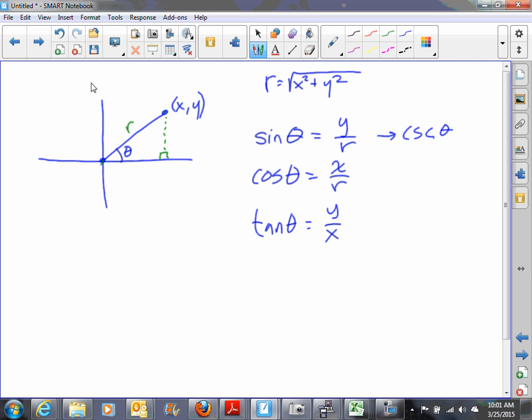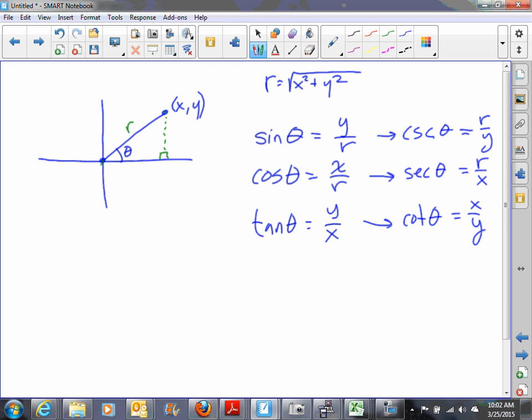If it's the reciprocal of the sine of theta, obviously it's r over y, and the reciprocal function of the cosine of theta is the secant of theta, and it would obviously be r over x, and the reciprocal of the tangent of theta is the cotangent of theta, and it would be x over y.